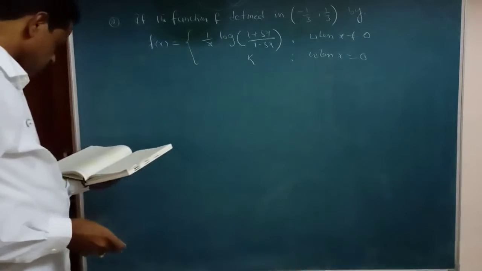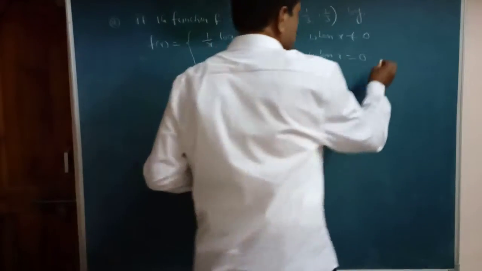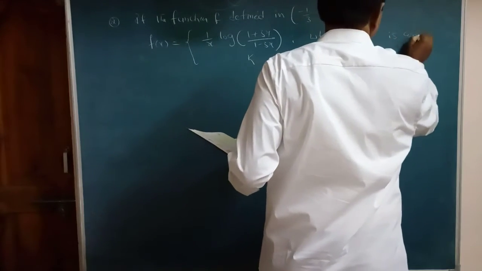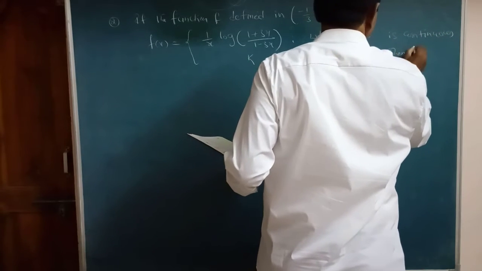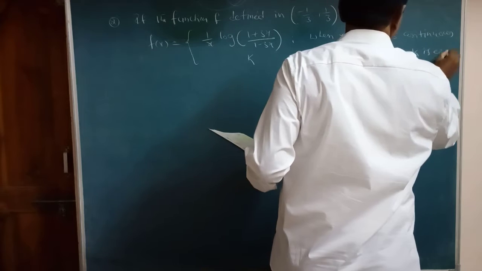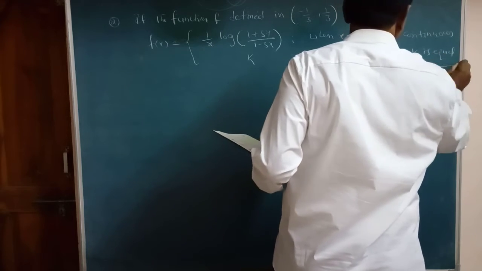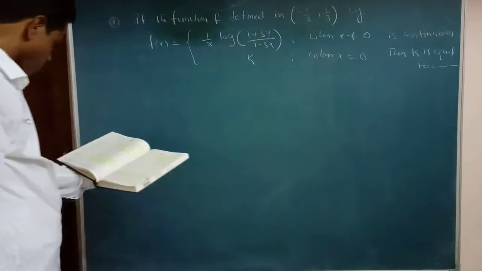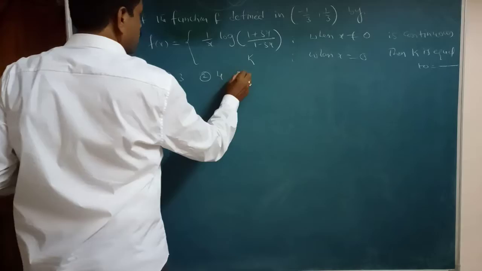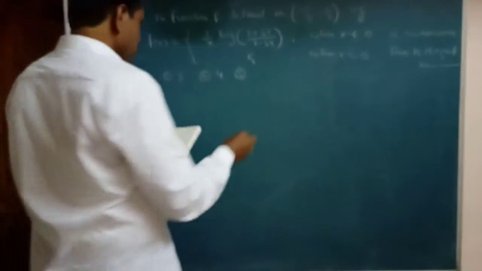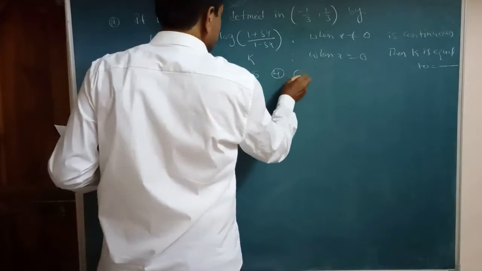If x equal to 0 is continuous, then k equal to dash. The first option is 3, second option 4, third option is 5, fourth option is 6.